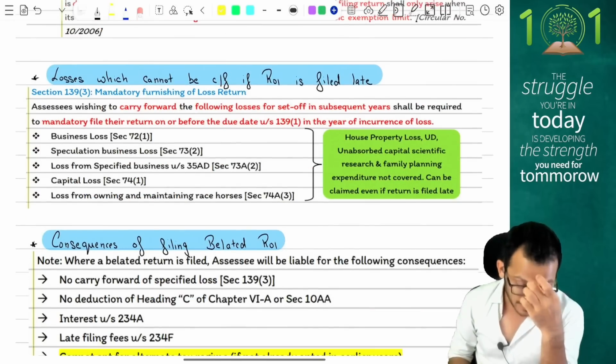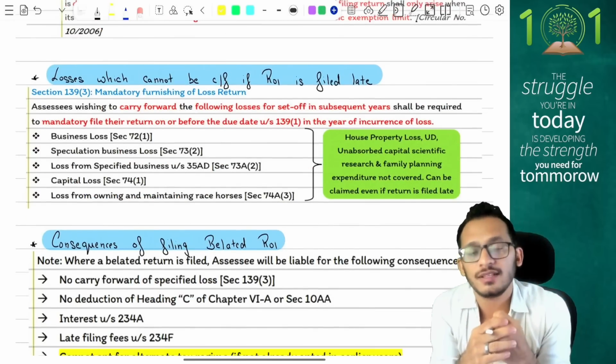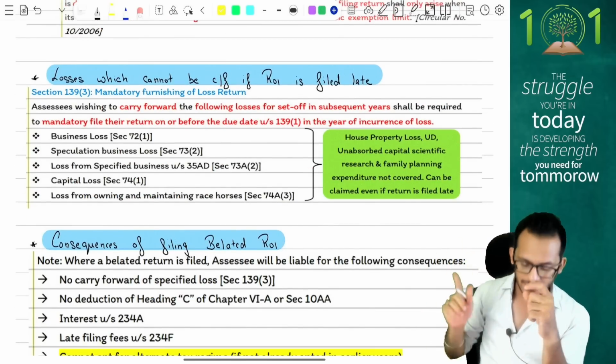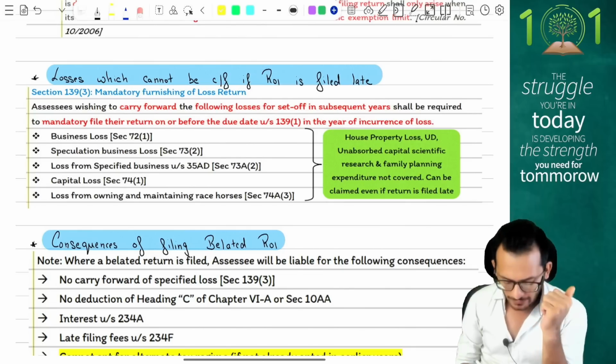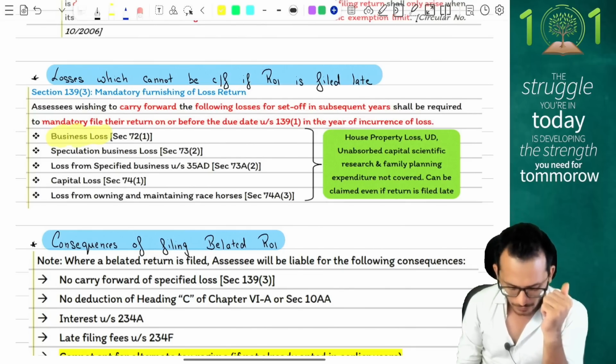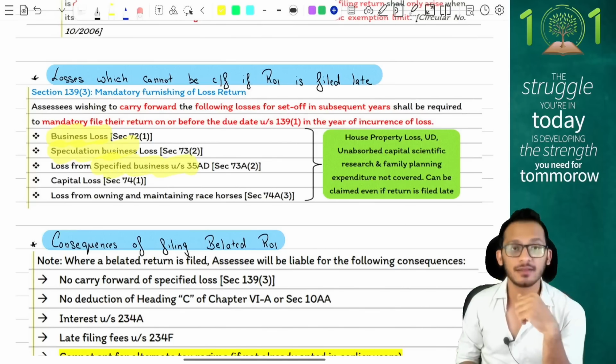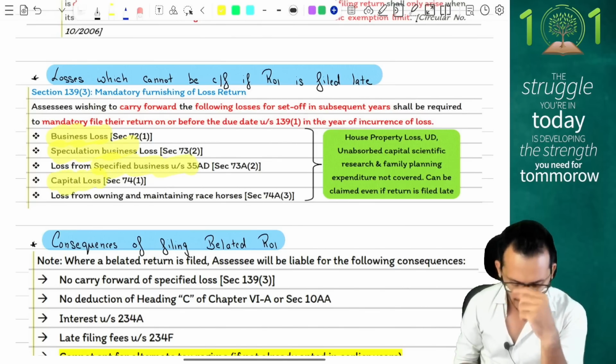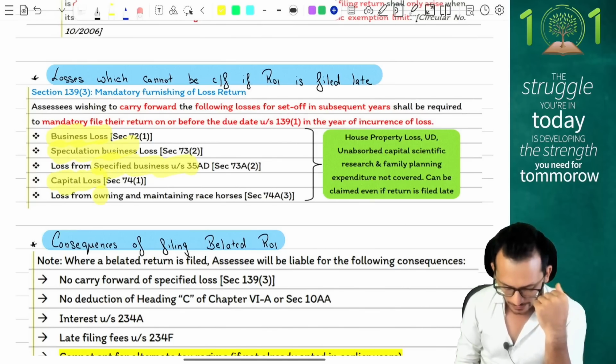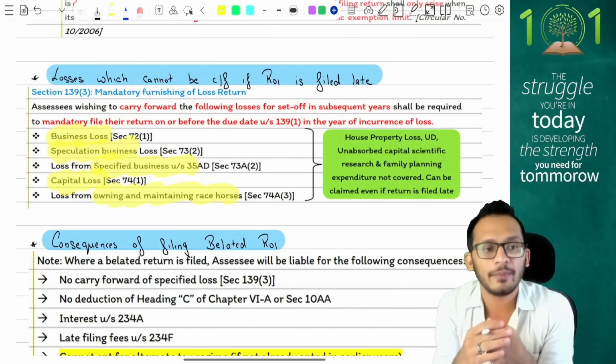Next, income tax says what are the cases where, if you file your returns late, losses cannot be carried forward. If you do not file your returns on time, you will lose losses pertaining to business, to speculative business, to specified business under 35AD, capital losses, and any losses pertaining to owning and maintaining horse races.